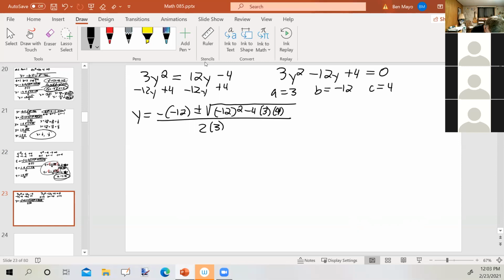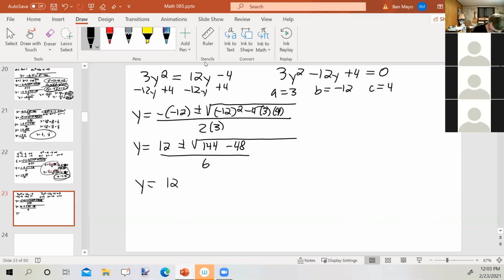So y equals negative times negative is positive 12 plus or minus the square root of negative 12 quantity squared, which is positive 144, minus 4 times 3 is 12, times 4 would be minus 48, all over 6. So y equals 12 plus or minus the square root of 96 all over 6. 144 minus 48 is 96.